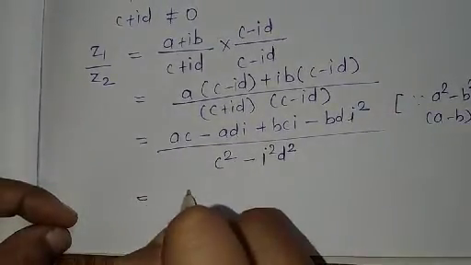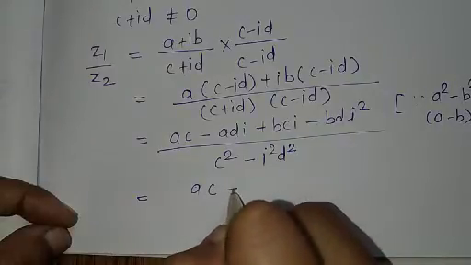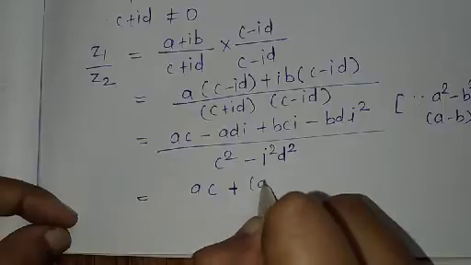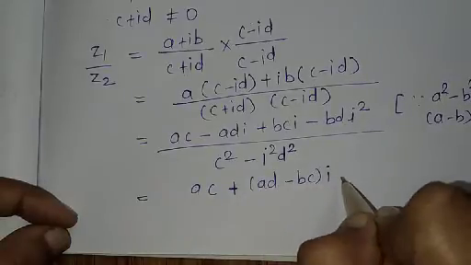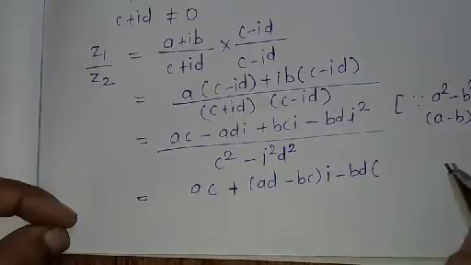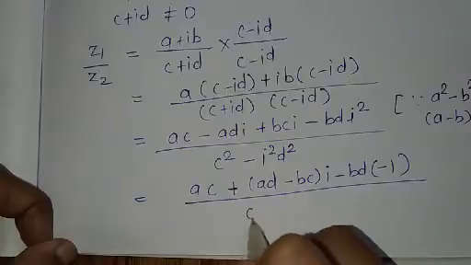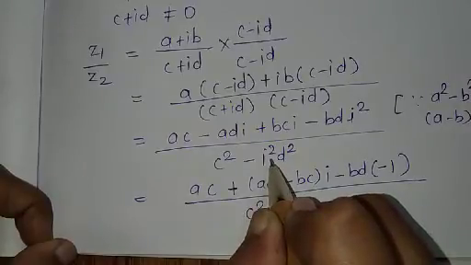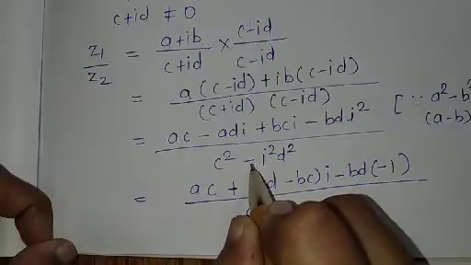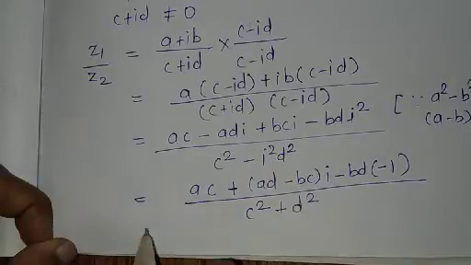Now here we have ac plus ad minus bc iota, this minus bd iota square, and iota square is nothing but minus 1, upon c square minus iota square, which is nothing but minus 1, and minus minus gets plus, so c square plus d square.